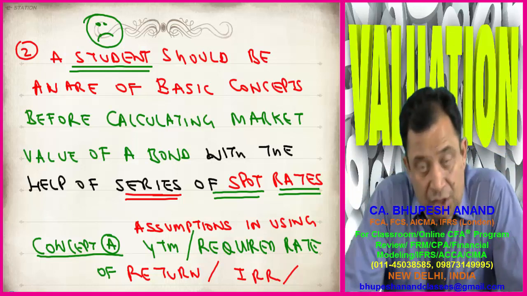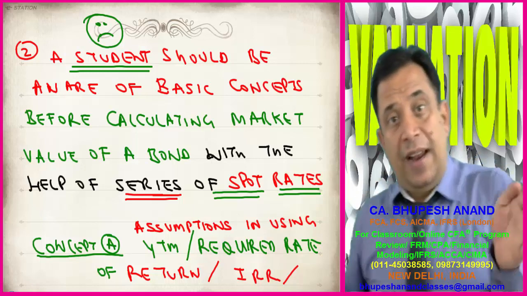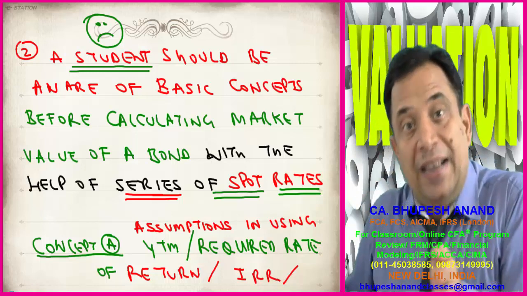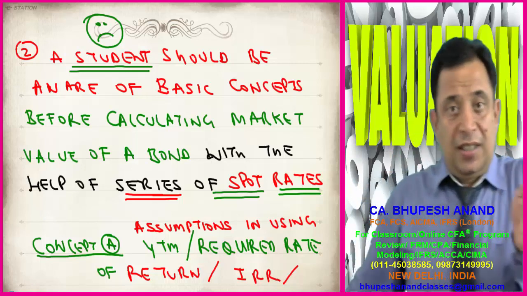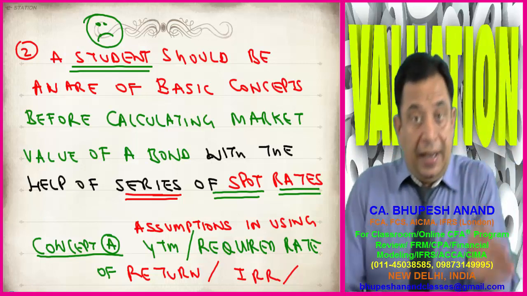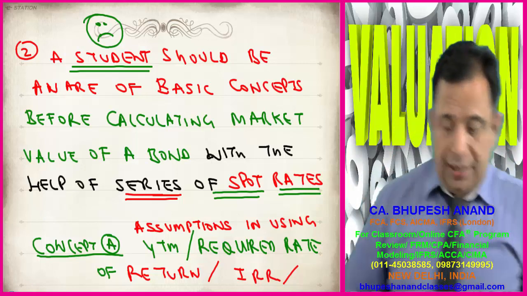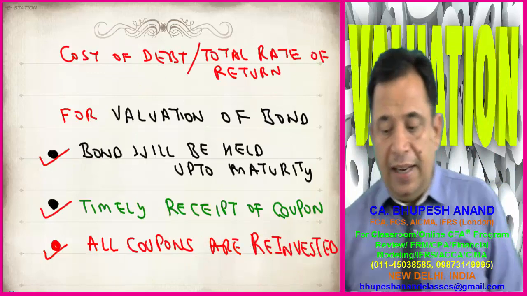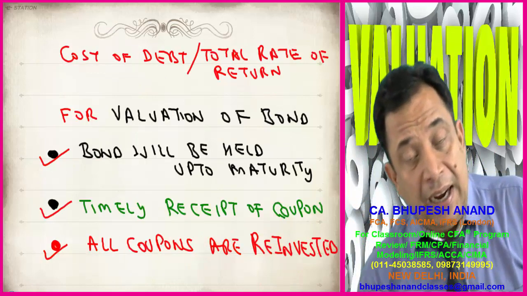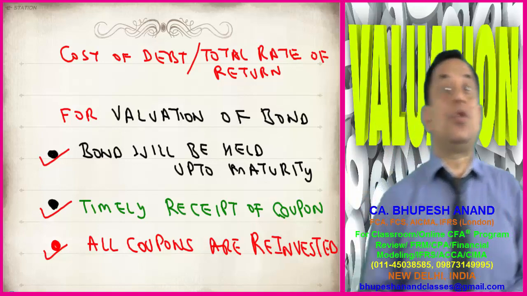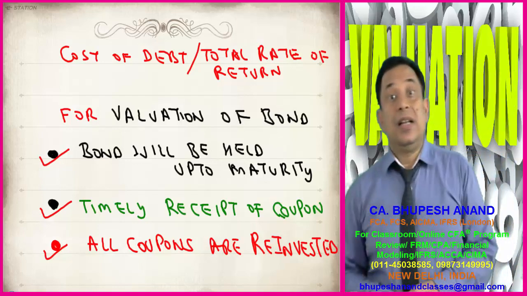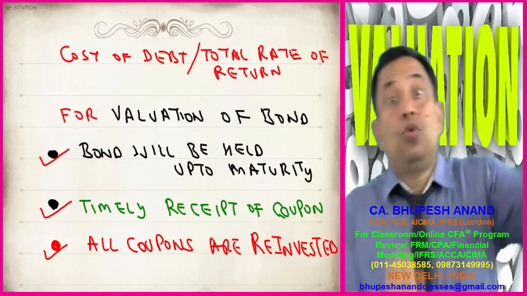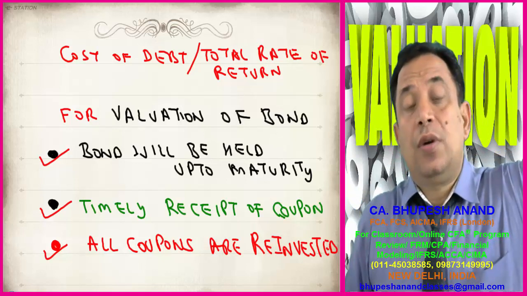In the last lecture we discussed YTM, and in YTM we have taken some implied assumptions. The first assumption is that the bond will be held up to maturity. This is the discounting rate which we used in the last lecture for calculating the value of coupon bonds.